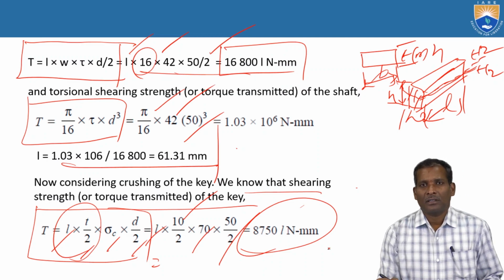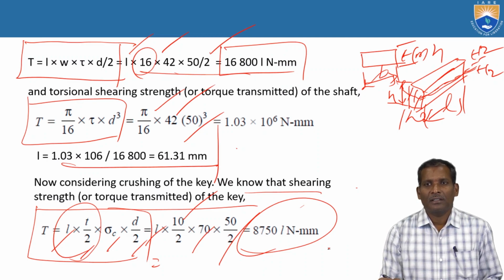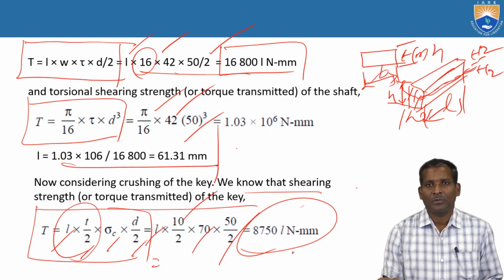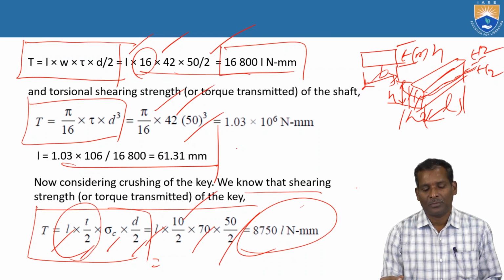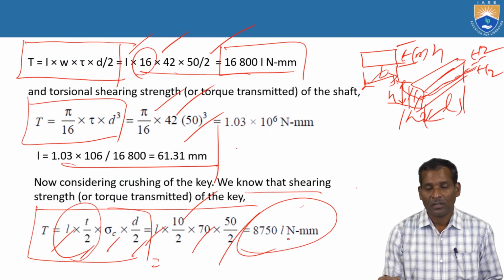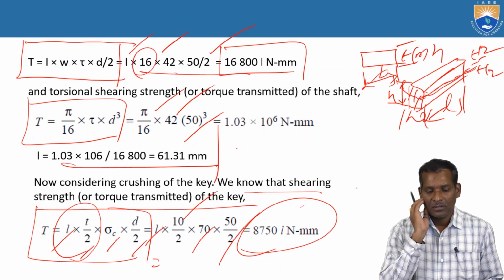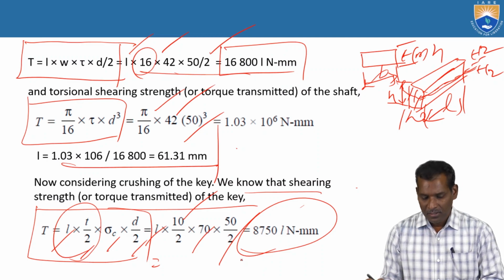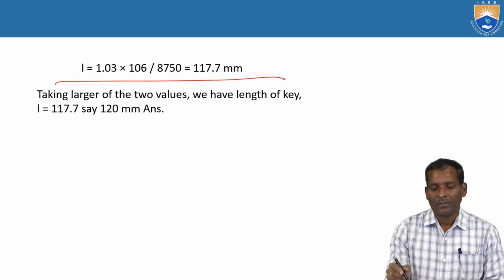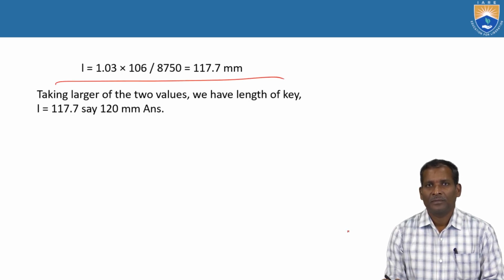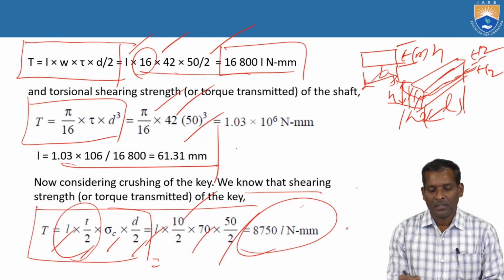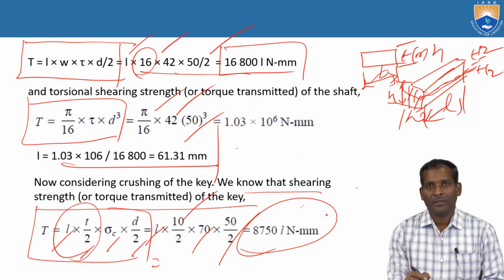So based on the crushing strength of the key, we obtained 8750 L. This value is the torque transmitted, so equate it to the torsional equation T is equal to 5 by 16 into tau into d cube.